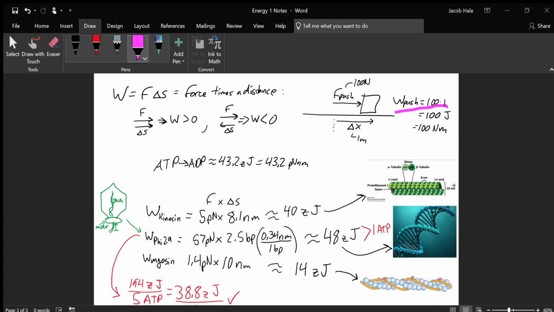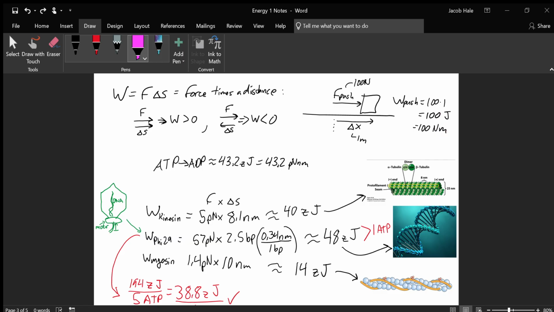So that's 100 newtons push force, 1 meter distance, and I get 100 Newton meters. The SI unit for that, a Newton meter, is the same thing as a joule. So Newton meter equals a joule. In other words, force times distance is also a unit of energy. So that's a basic example.